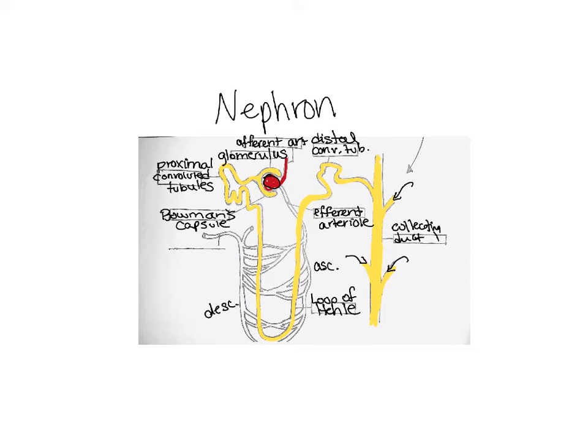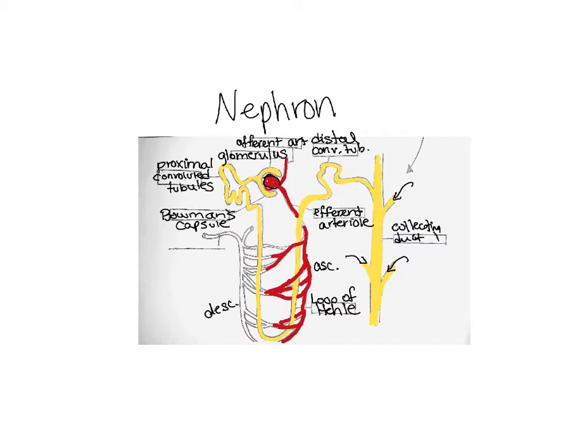And at this point, it's still oxygenated, and so we're going to color all of this in red. And notice there is a lot of interaction and looping around the loop of Henle, and so all of this, like I've mentioned, is going to allow for a really great exchange of different ions and different salts. All of this is one cell thick so that you can have that exchange happening relatively easier.